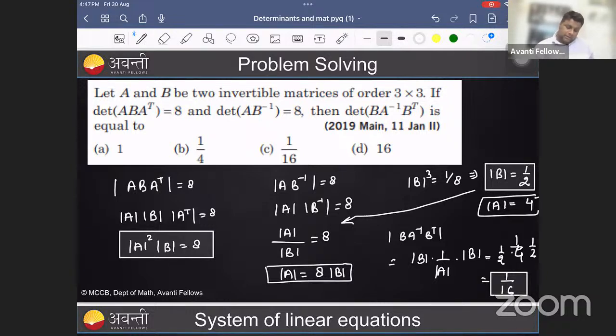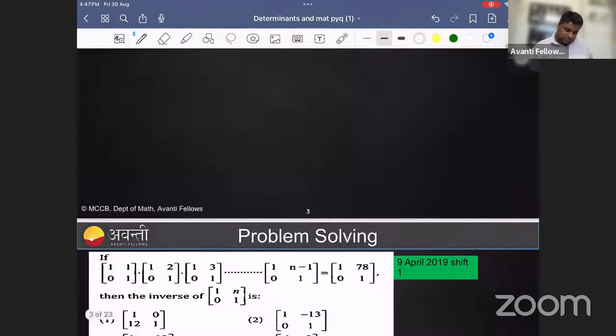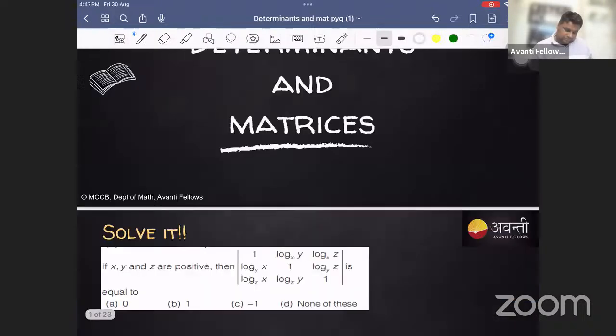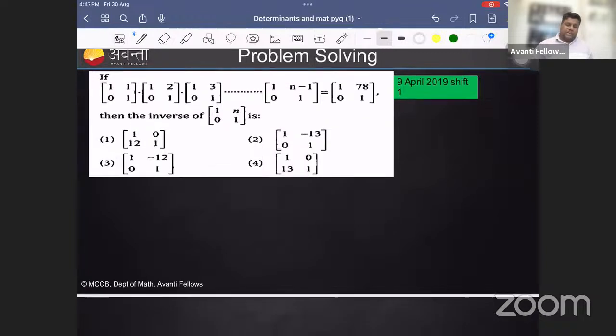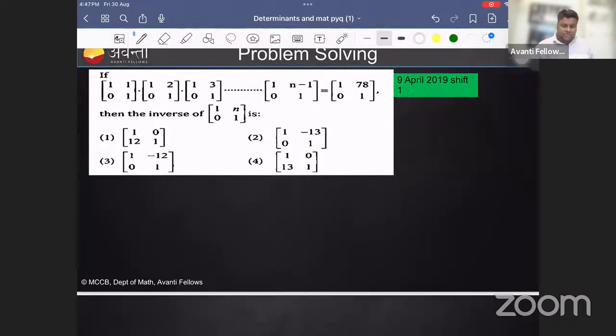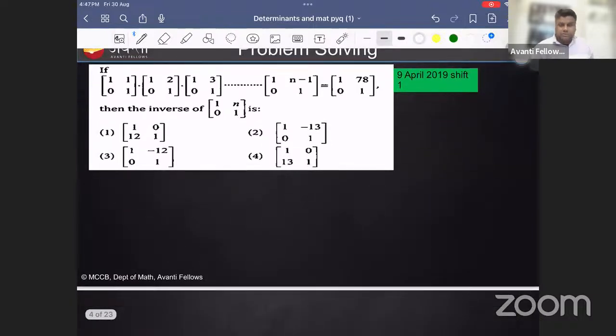Fine. Now we'll do this question. This is a JEE 2019 shift 1 question. And I give you 2 minutes to solve it. Quickly start. Yes.